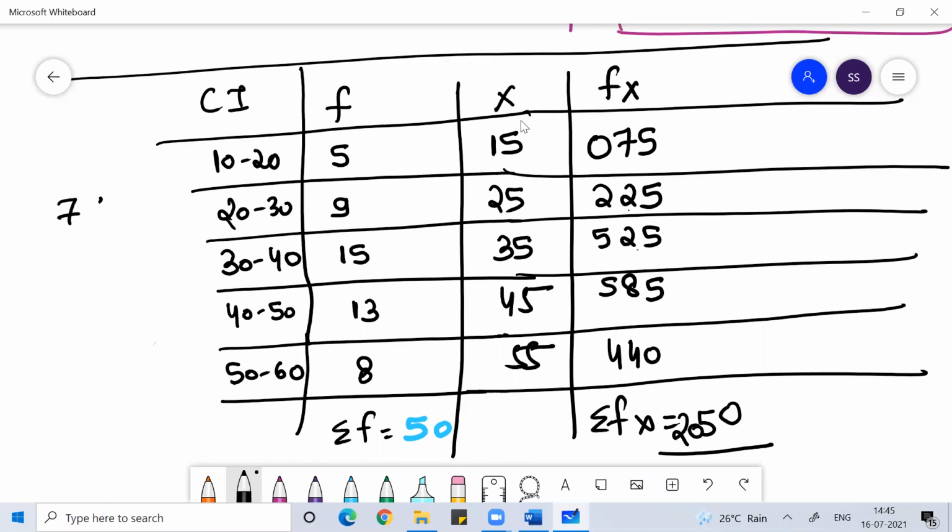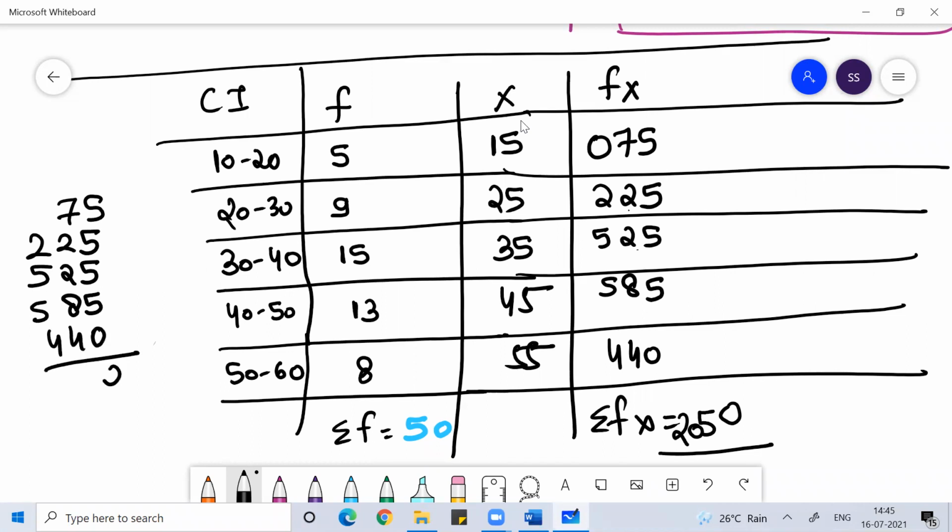This is 75, then 225, then 525, then 585, then 440.